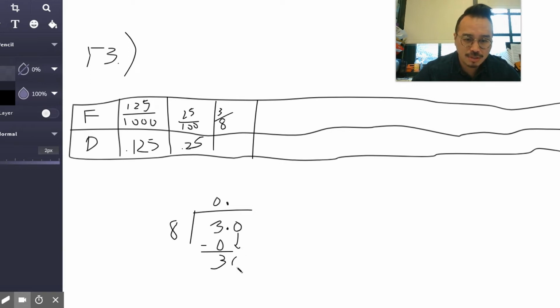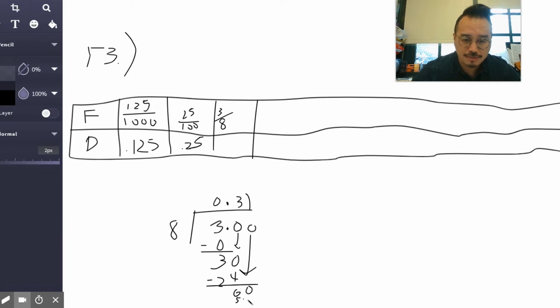So that's 30. 8 goes into 30 3 times. My bad. I'm gonna run out of space, but I know what the answer is. 6, add a 0. 7 is 56.